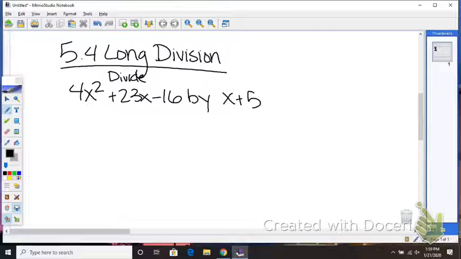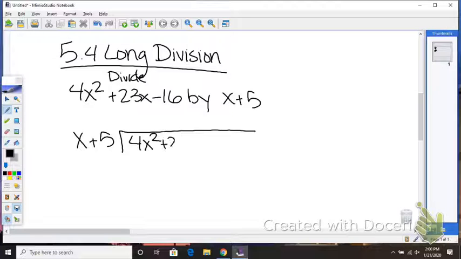I got to make sure there's one. I might have to do it out of the book also. Okay, so how we're going to set this up with long division. It's going to look a lot like with the numbers, but you're going to have polynomials instead. Whatever you're dividing by goes on the outside, and whatever you're dividing goes on the inside.